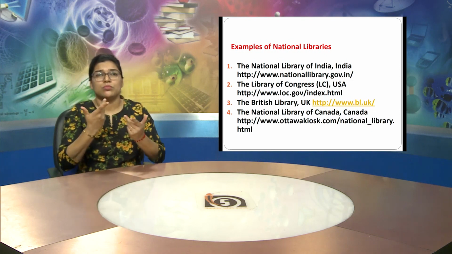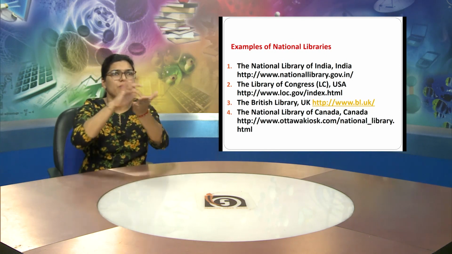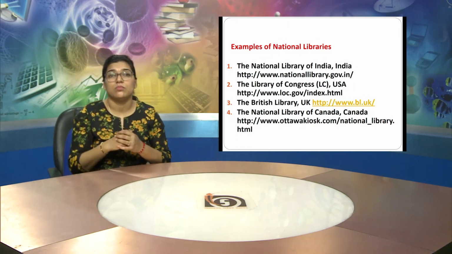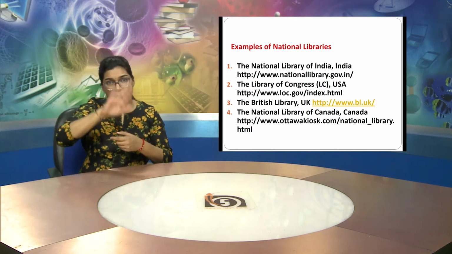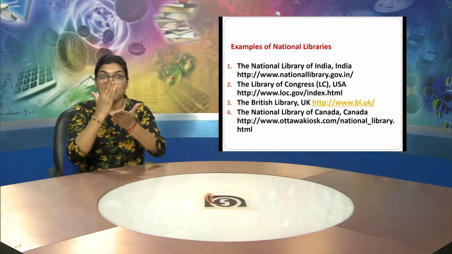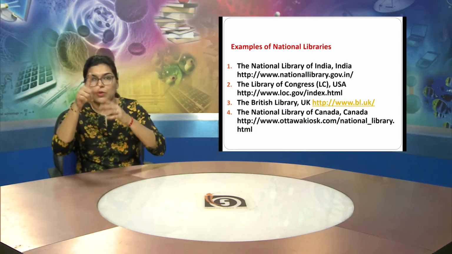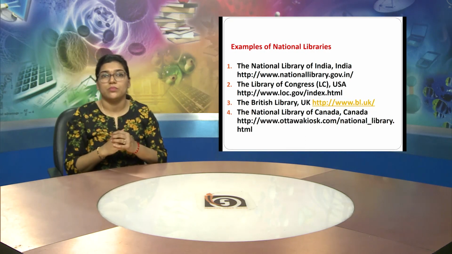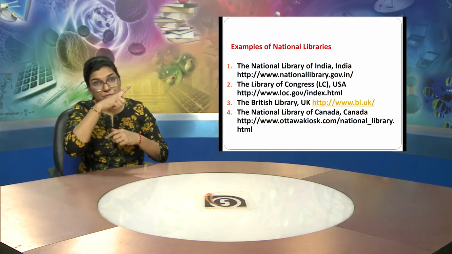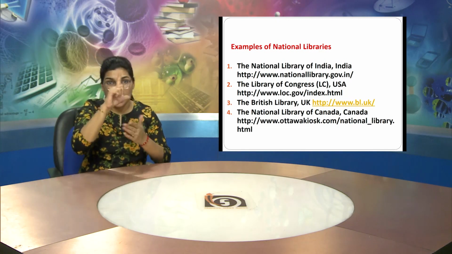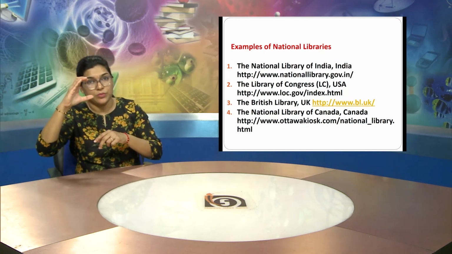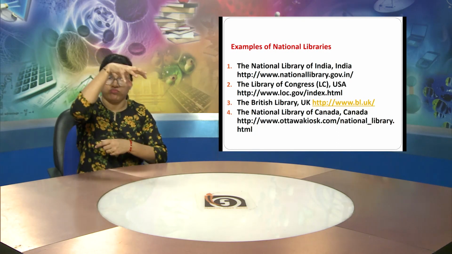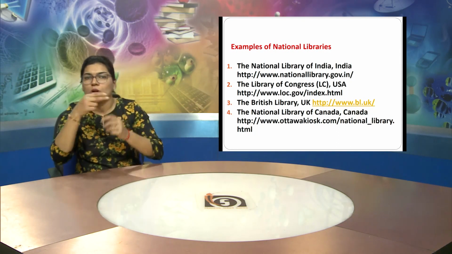And these are some of the examples of national libraries. The first example is of the National Library of India. You can see the website address. The second example is of the Library of Congress. In short, we call it as LC. The full form is Library of Congress.